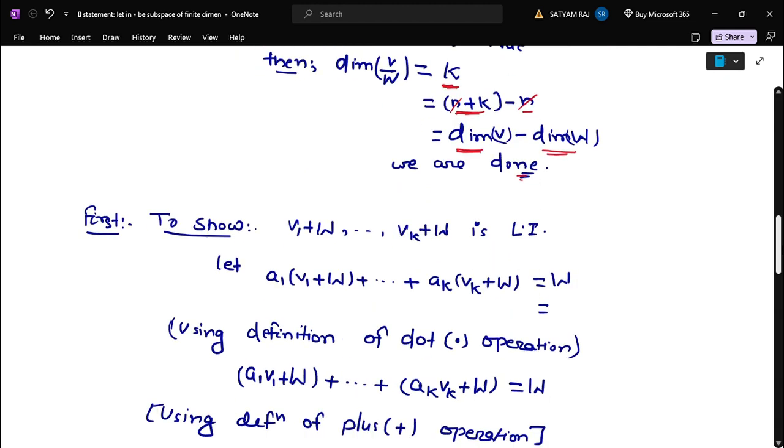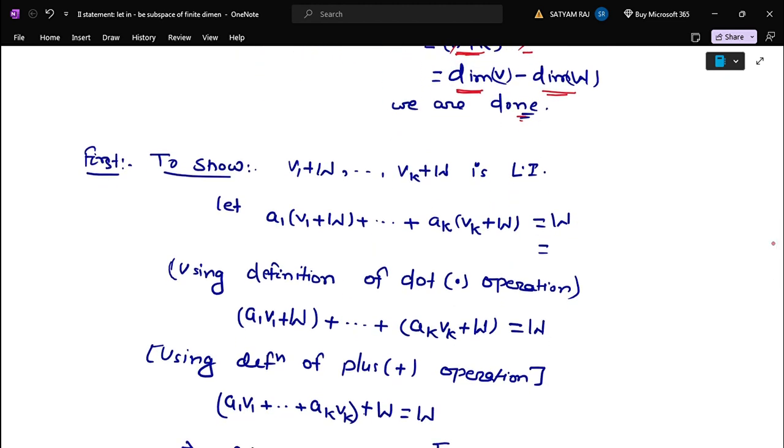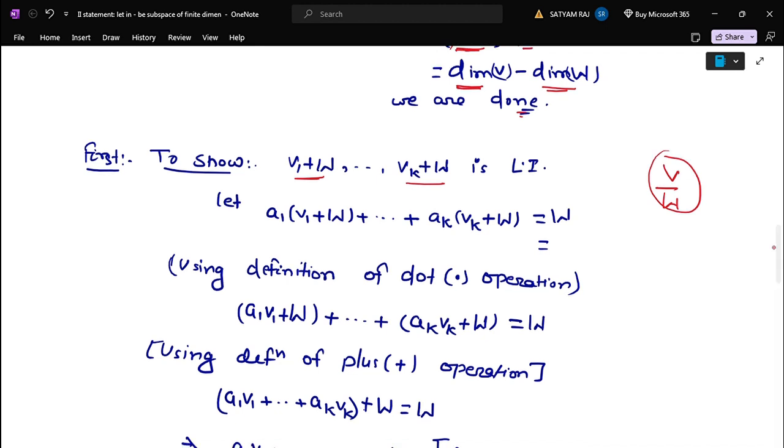Now we are trying to show that V1 plus W to Vk plus W is a basis for V/W. In proving a basis for V/W, what will we prove? We will prove that these elements are linearly independent and that they span any element of V/W. First we will prove that this is linearly independent.